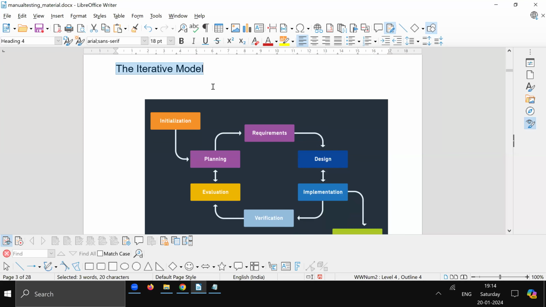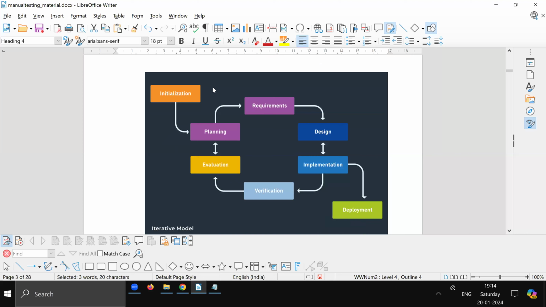In the iterative model, software will be developed and released version by version. Version 1 will be released first, then version 2, version 3, and so on.